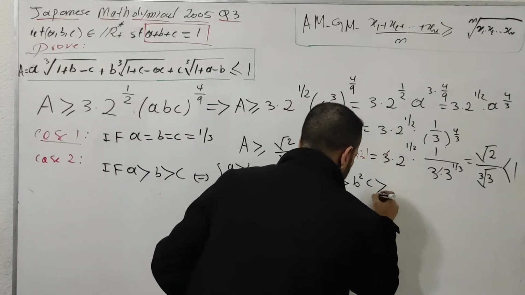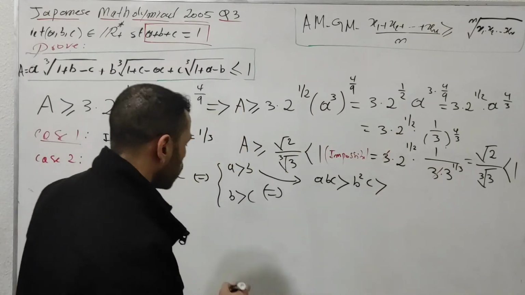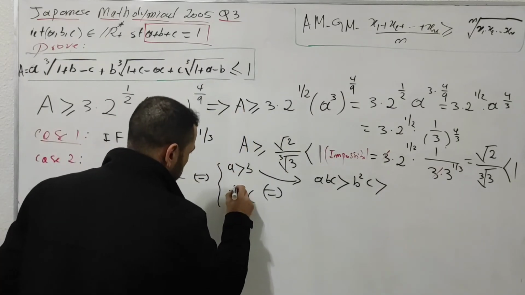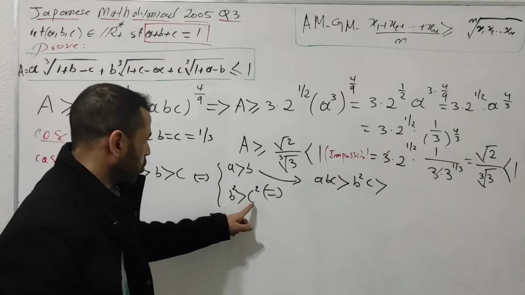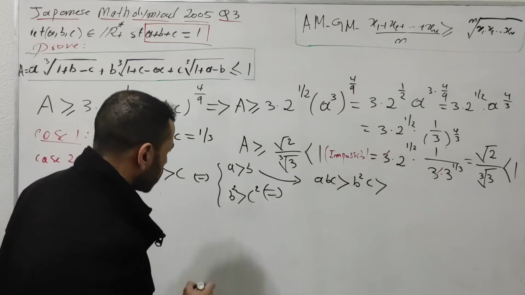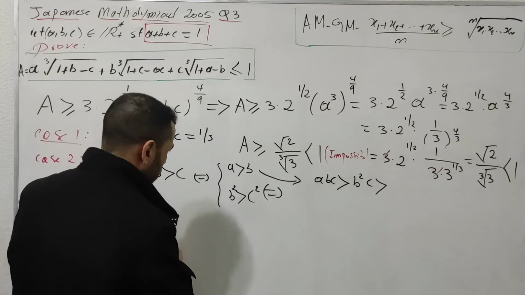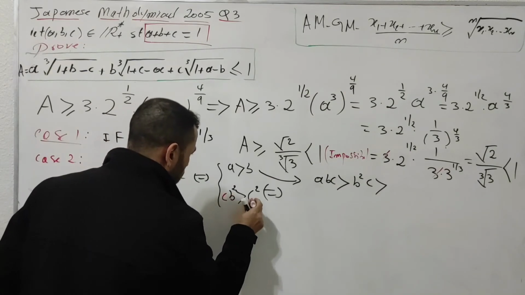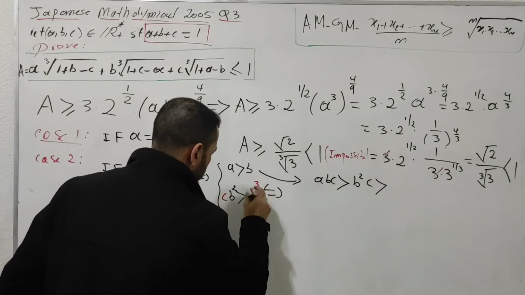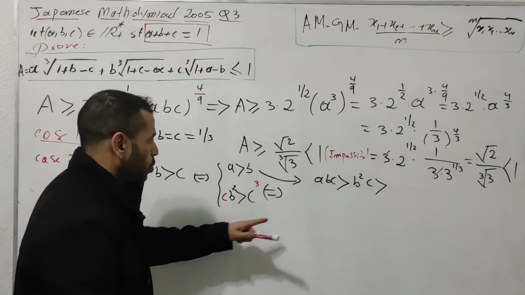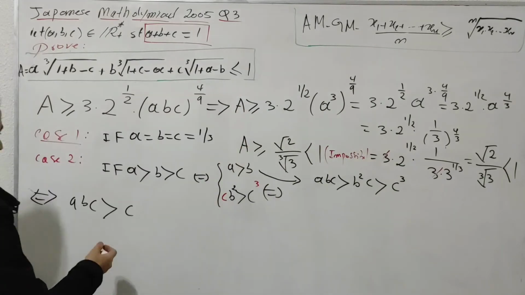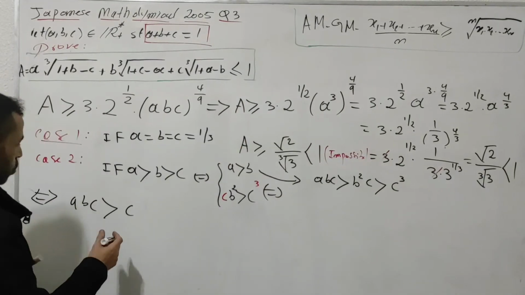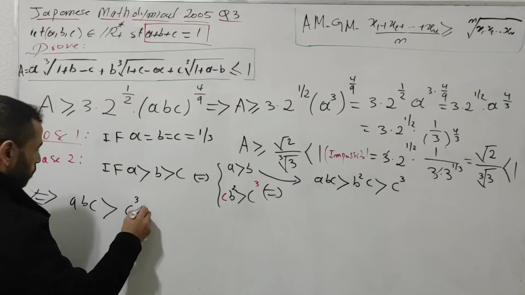At the same time, for B square C, if I raise to the power 2 in the second inequality, I will get B square is strictly superior than C square. By multiplying both sides by C, I will get C cubed here. So B square C is strictly superior than C cubed. Okay? So now ABC is strictly superior than C cubed.